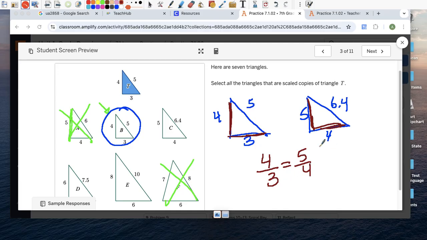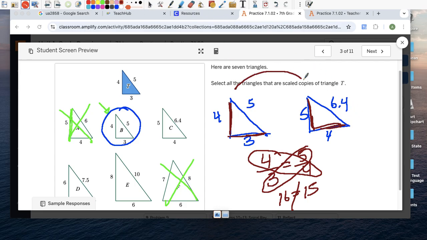Are the ratios the same? No, they're not. 4/3 is not the same thing as 5/4. And if you wanted to confirm it again, 4 times 4 is 16, and 3 times 5 is 15. So that also tells you that these two are not scaled copies. If you wanted to find the scale factor, it looks like if you go from here to here, it's an enlargement, right?